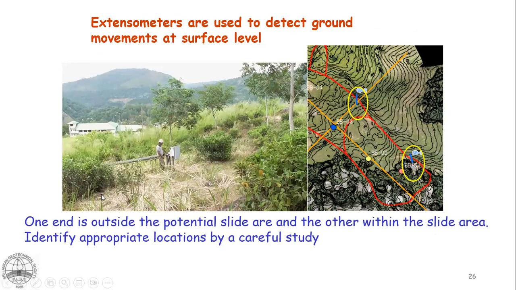So with the surface features and subsoil information, the landslide boundary was plotted. What is shown in red is the landslide boundary plotted by detailed field investigations. Now, these locations SB2 and SB1 indicate the location of extensometers.